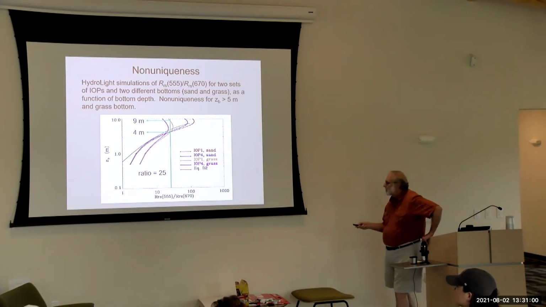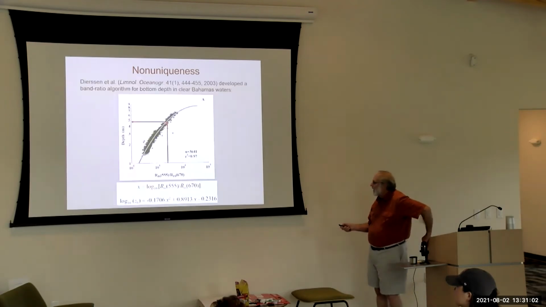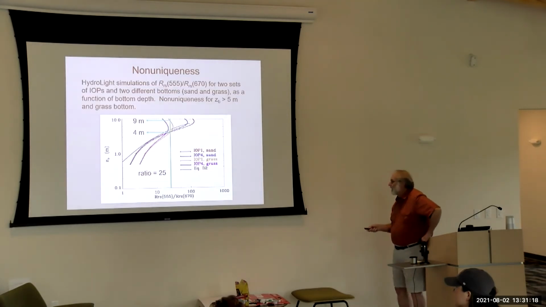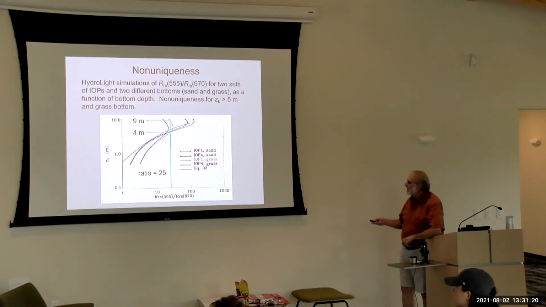So you'll notice if we go back here, I just showed right here a ratio of 25. So there's 10, 20, 30. So for this ratio of 25, the Dearson model says the depth is like 4.7 meters or so. Well, I do the simulations here.